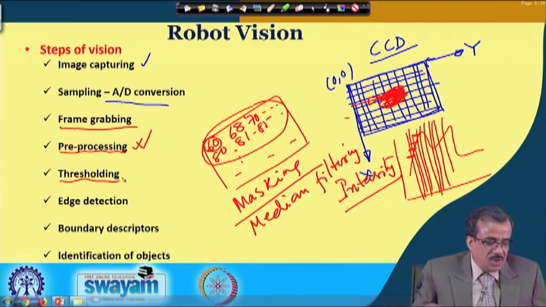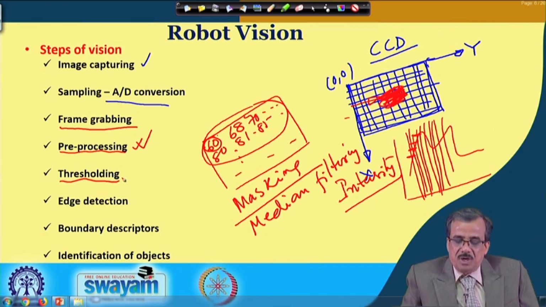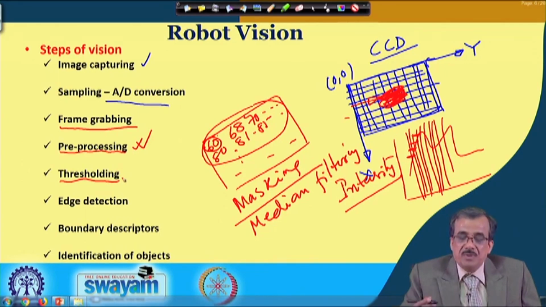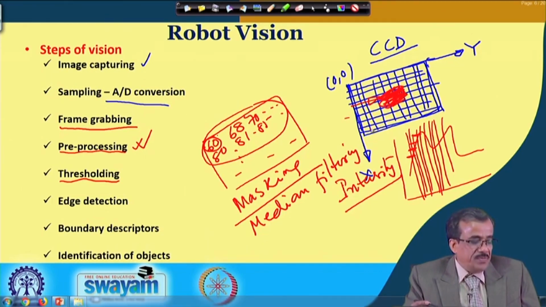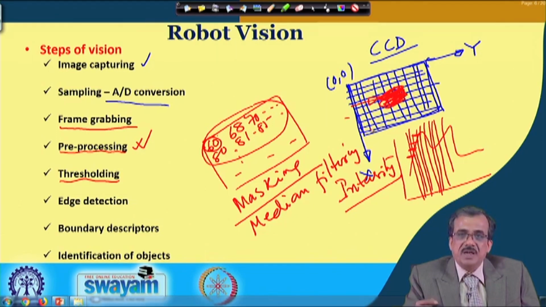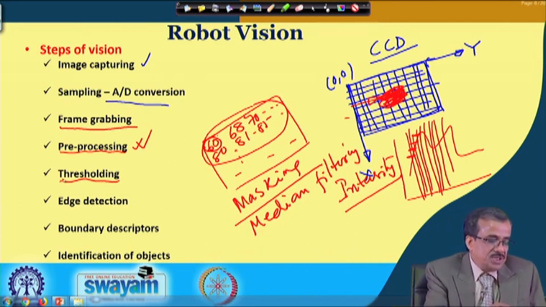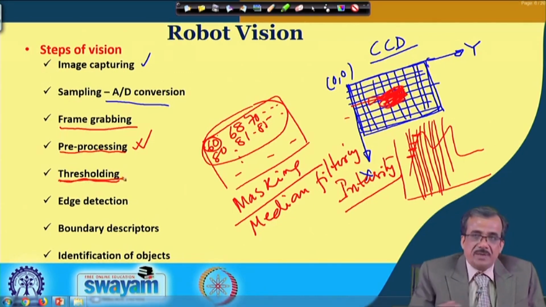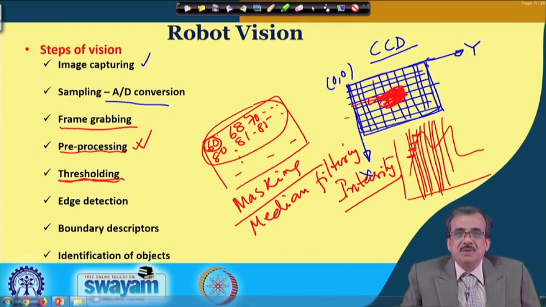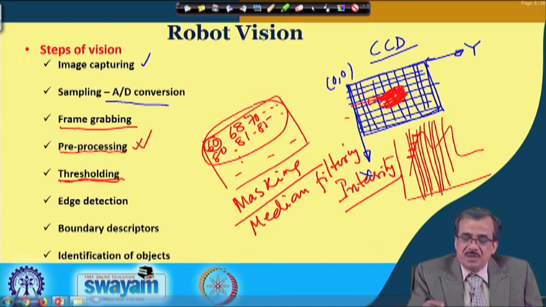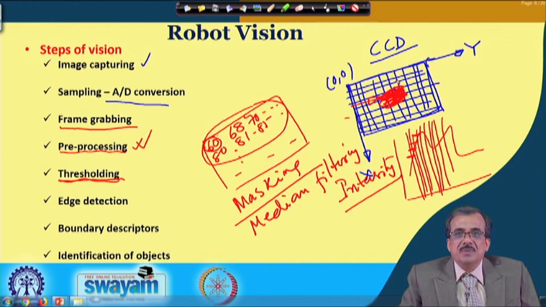The purpose of thresholding is to differentiate, or to find the difference, between the object and the background. So, there will be some threshold value for light intensity, and using that threshold value we can find the difference between the object and the background.